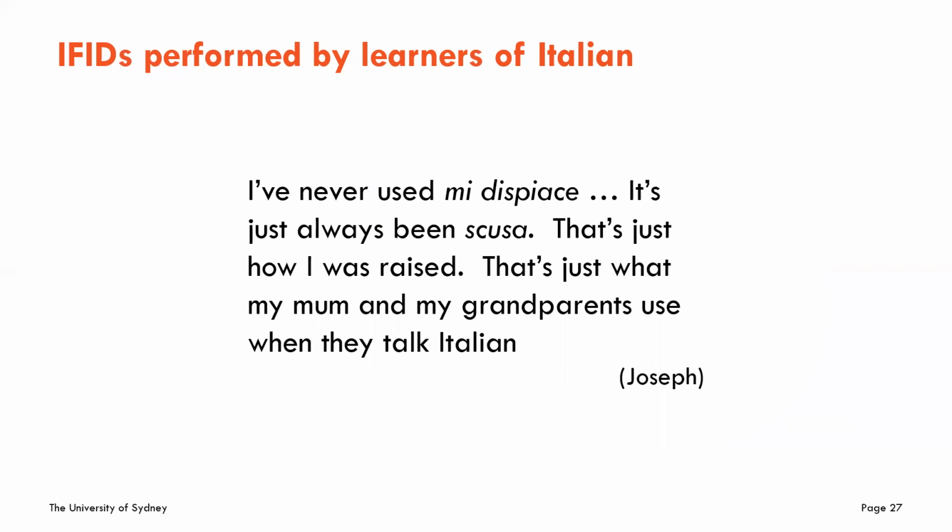So he says, I've never used mi dispiace. It's just always been scusa. That's just how I was raised. That's just what my mum and my grandparents use when they talk Italian. So there we definitely see that influence of family Italian use on how Joseph apologizes in Italian.